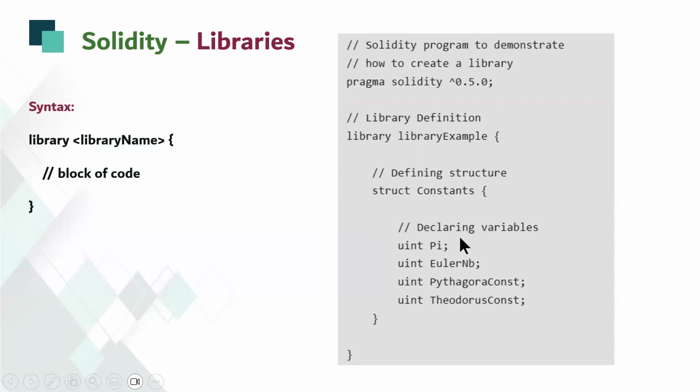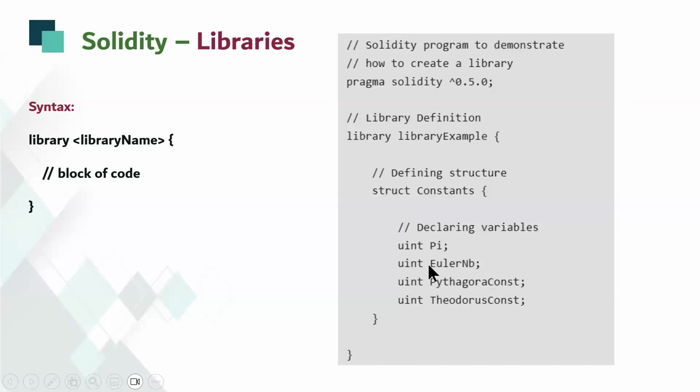The structure contains four unsigned integer variables. We have this variable, and the third and the fourth one. So we have four integer variables.